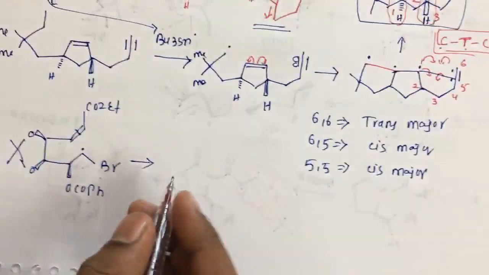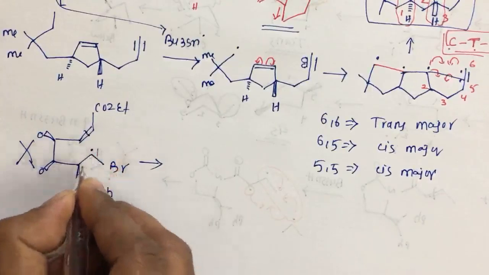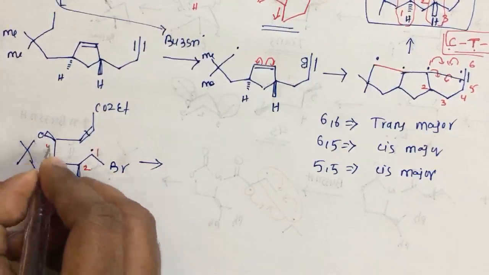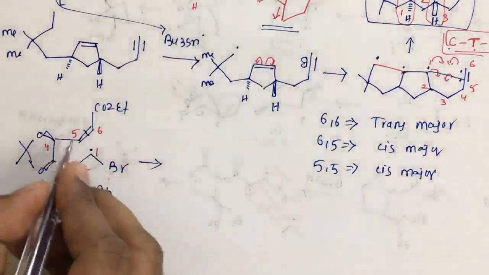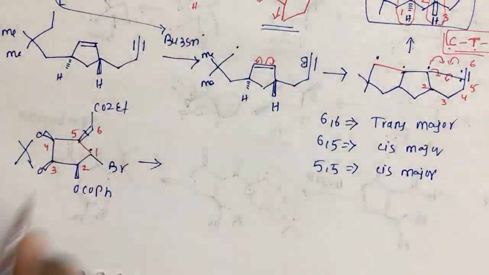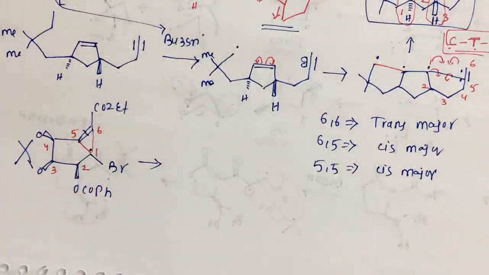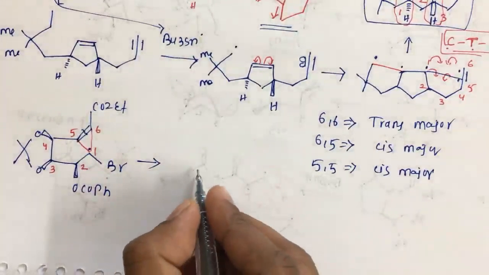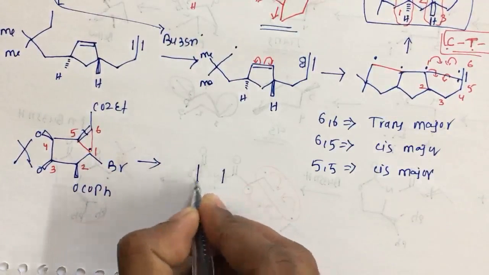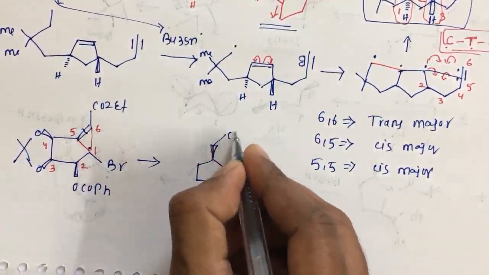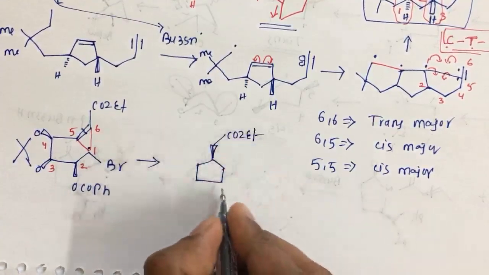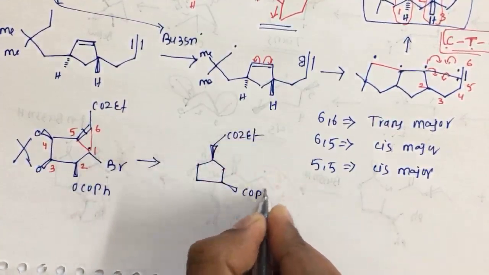Just give numbering like 1 2 3 4 5 6. If these two form a bond, we'll get a 5-member ring. If these two form a bond, we'll get a 6-member ring. And the final product that we will get here is CO2Et, COPh.